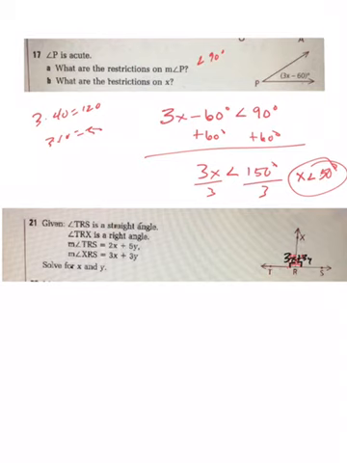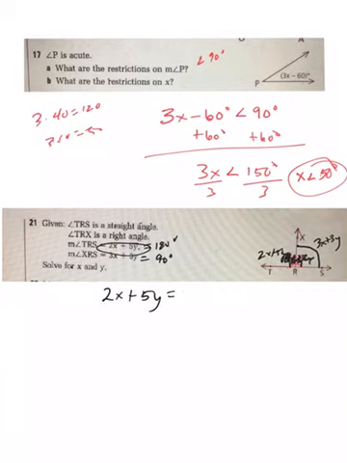XRS, this guy right here, is 3x plus 3y. So we've got two equations. We have 2x plus 5y, which equals 180, and then 3x plus 3y, which equals the 90-degree angle. So 2x plus 5y equals 180. 3x plus 3y equals 90.